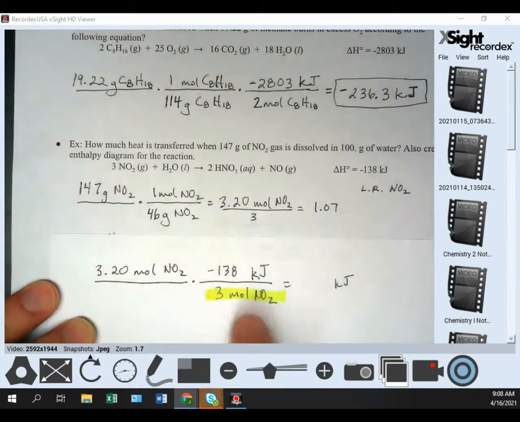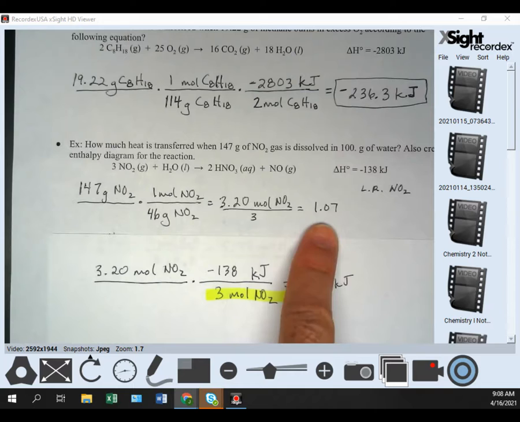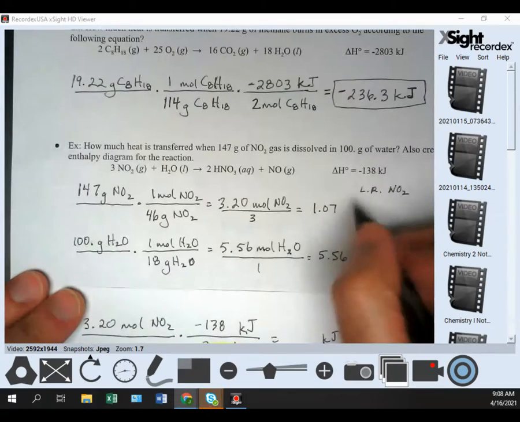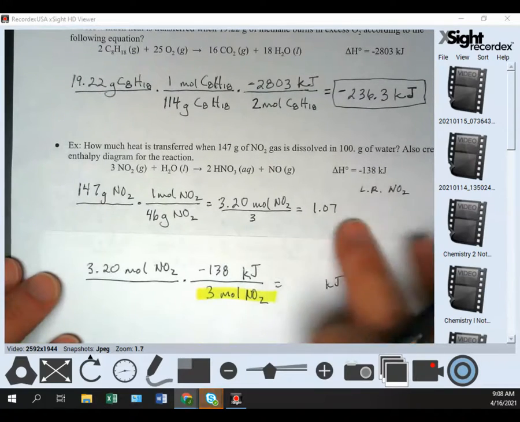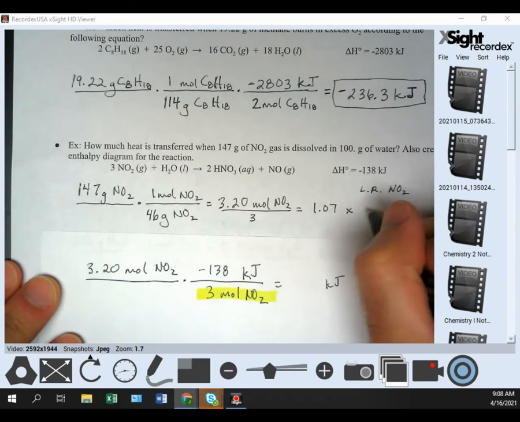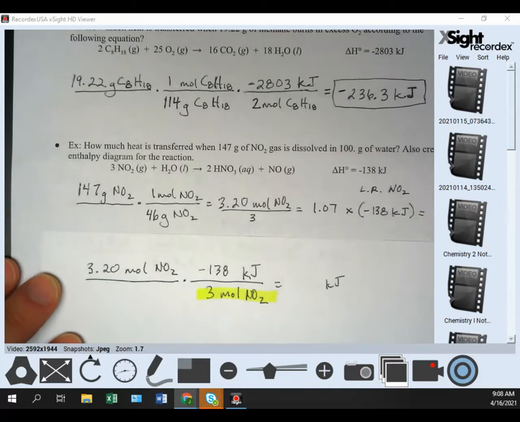We've already divided by the coefficient, right? So the only thing we need to do to this is multiply by the delta H. So all we have to do once we find the limiting reactant is multiply times the delta H, which is negative 138 kilojoules.